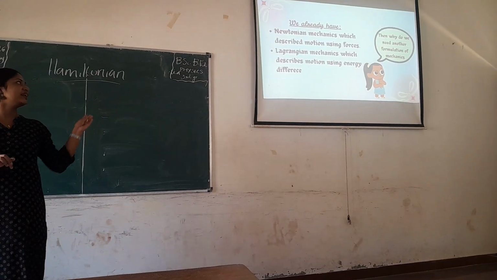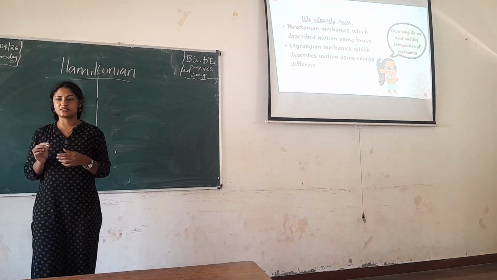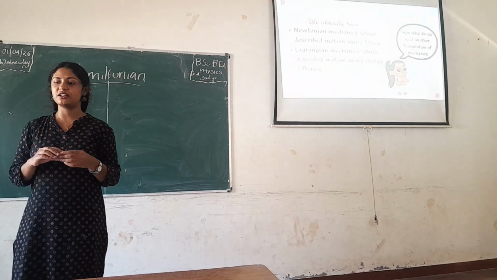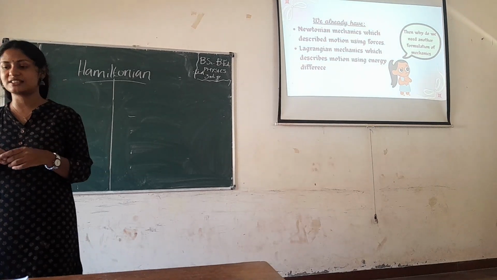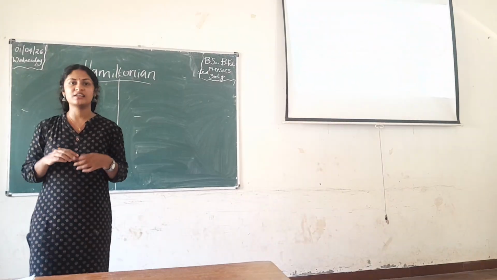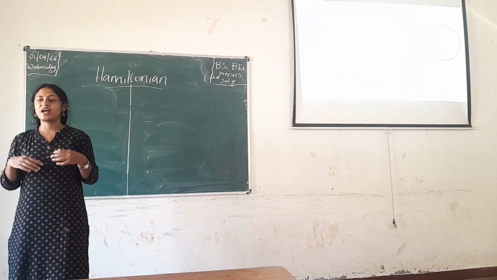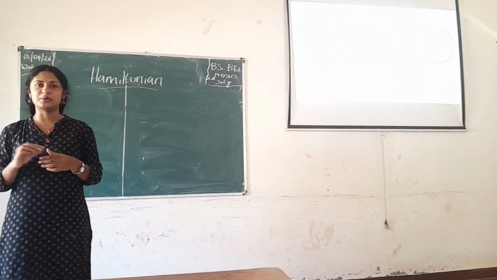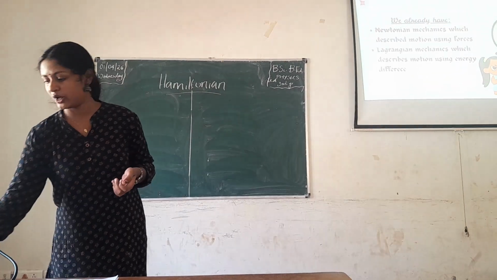So we already have Newtonian mechanics, which deals with forces and motion, and also Lagrangian mechanics, which describes motion using energy difference. Then why do we need another formulation of mechanics? Do you have any idea?